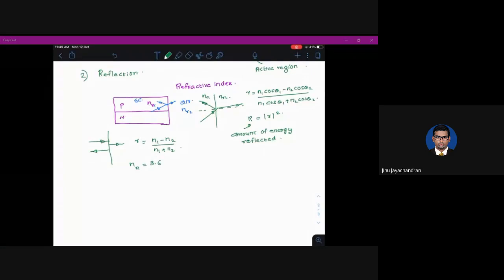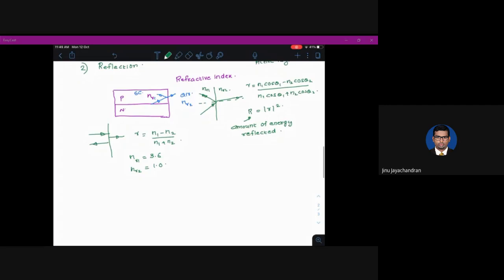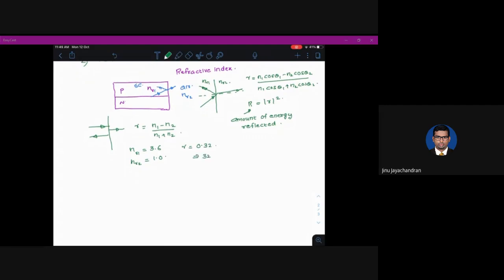And NR2, which is the refractive index of air, is 1.0. If you calculate R by substituting the values, you will get something around 0.32. Means that 32 percent of light incident is reflected.